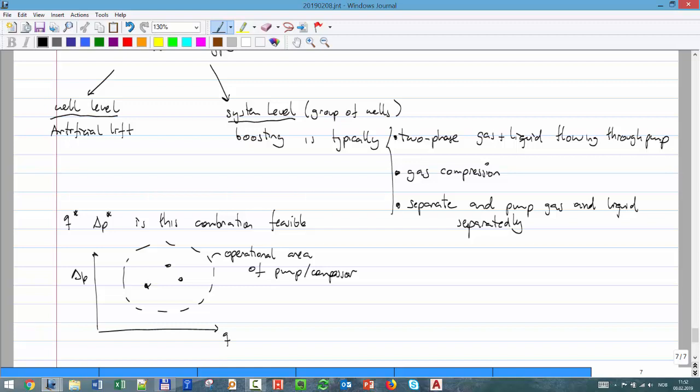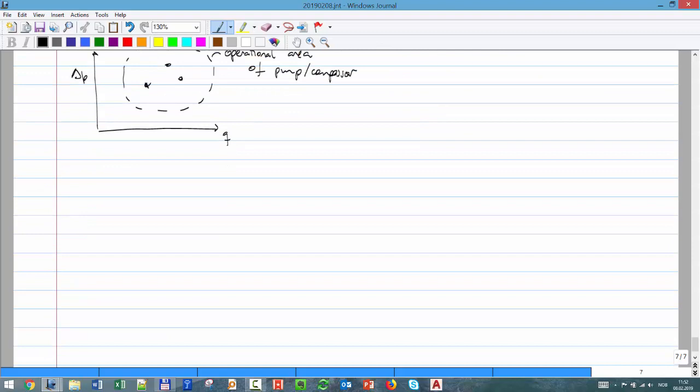Then we do an exercise. To start our explanation, we are going to start with artificial lift, because it's a bit simpler, and we are going to start with the electric submersible pump, abbreviated ESP, which is a pump mainly for liquid.